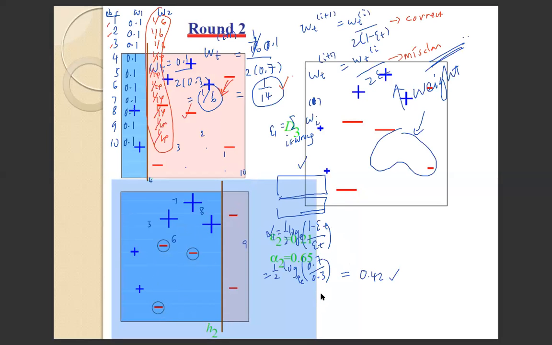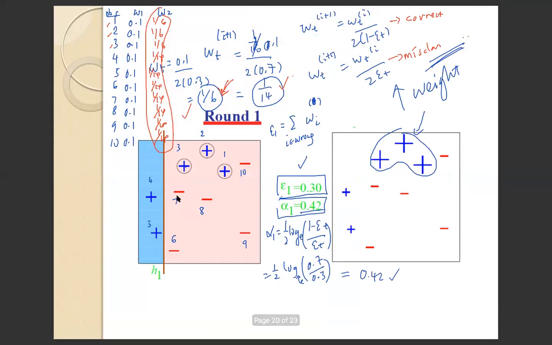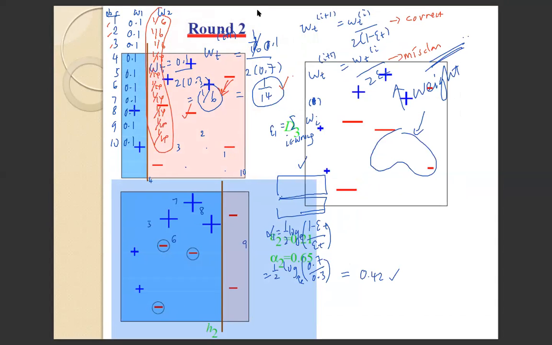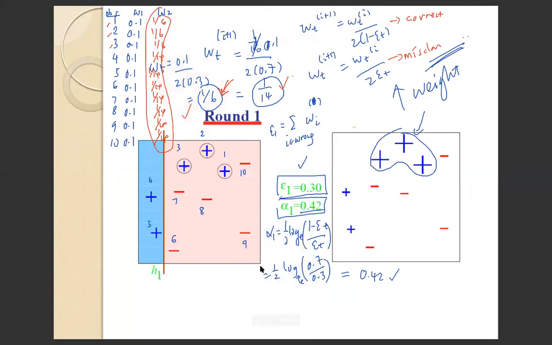So these 3 are what? Let me align this a bit. Okay, so these 3 are 6, 7, and 8. So that means you have to look at these 3. So these three guys are the ones that are wrong.